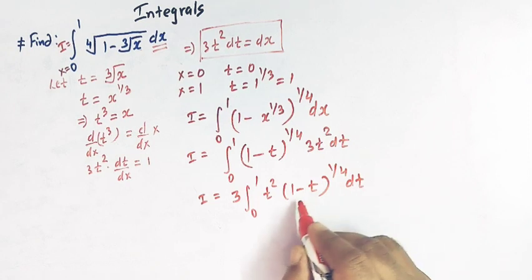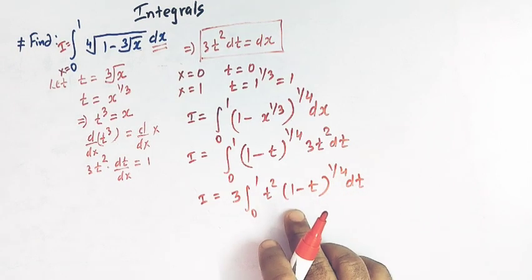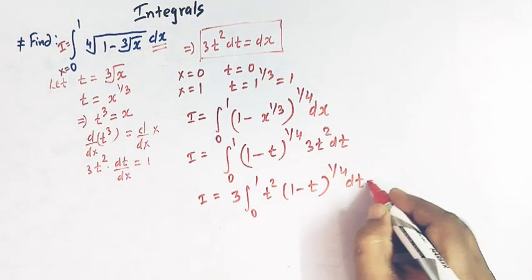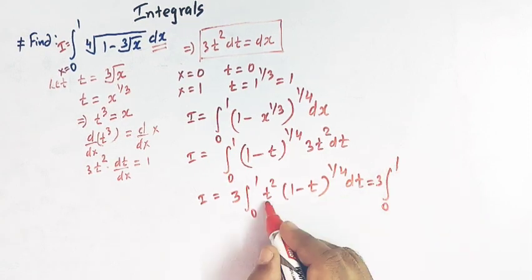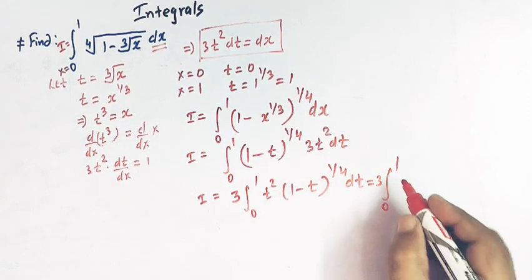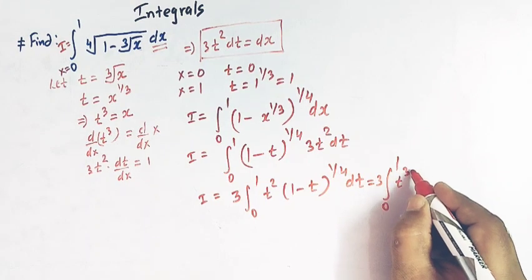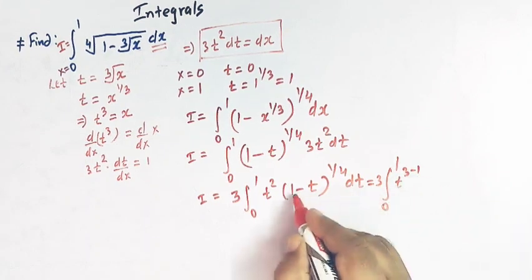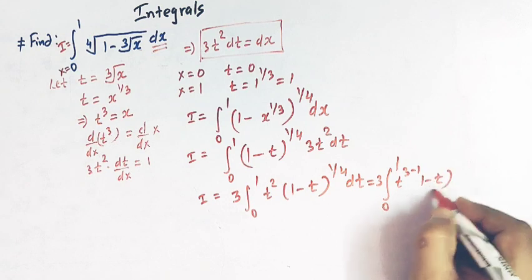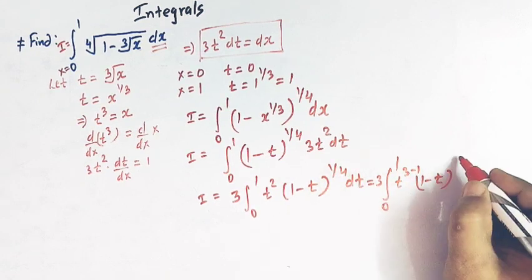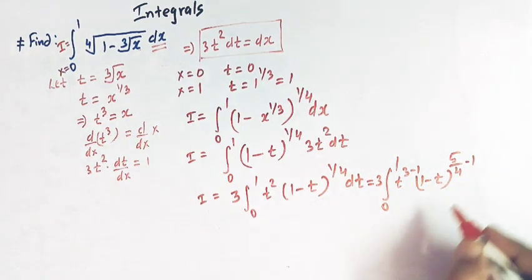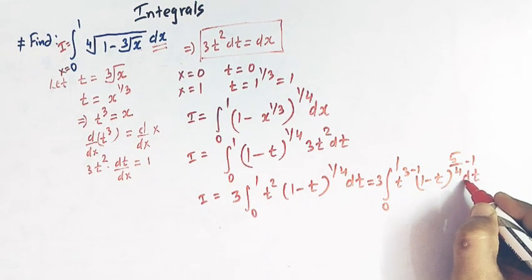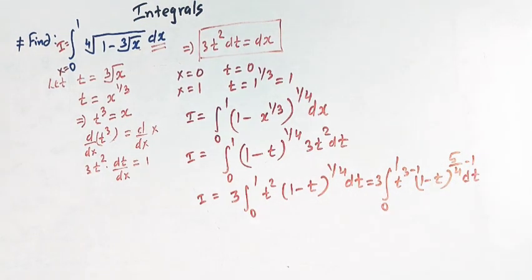Now we can convert this integral into a beta integral, that is 3 times the integral from 0 to 1. We can express t square as t raised to 3 minus 1, and 1 minus t raised to 5 by 4 minus 1, and here we have dt.